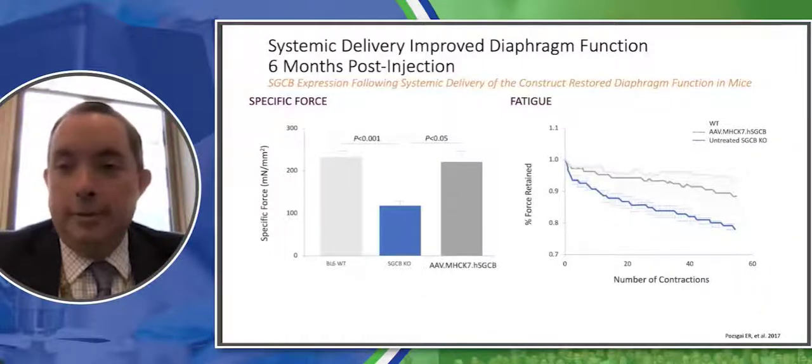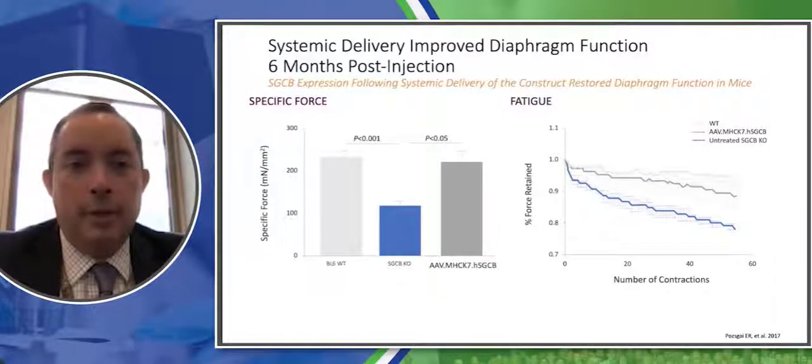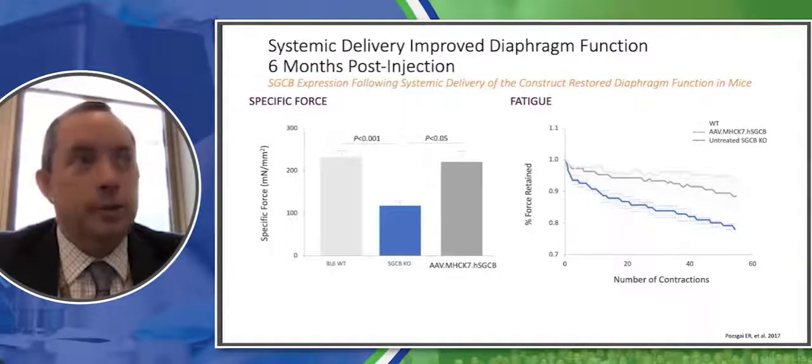So it's great, and I think people have said before, it's great that we're able to effectively show that we can treat a mouse. But whether or not this is going to be effective in the human is an open question, and something that I think most of us are pretty excited to start to understand.